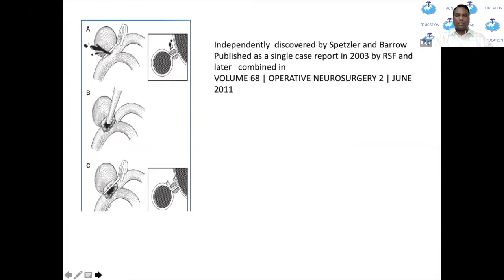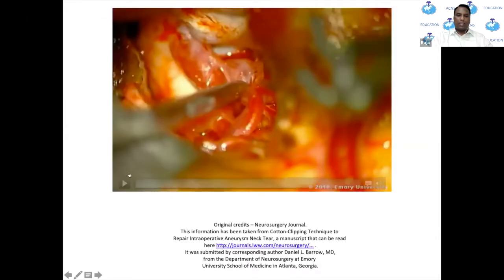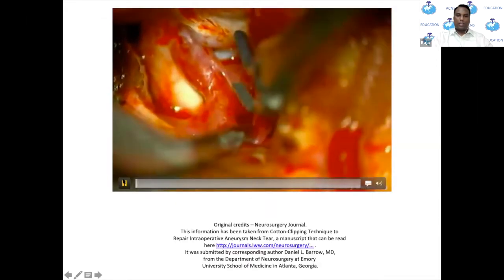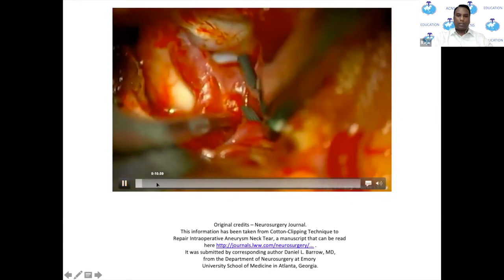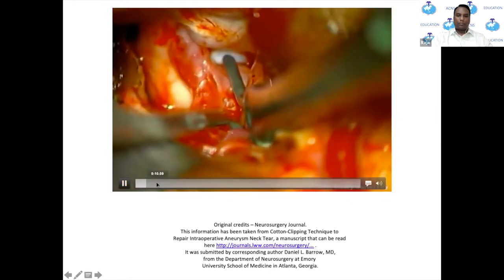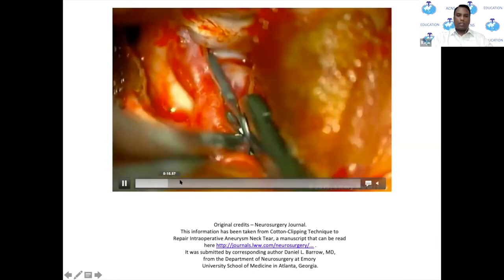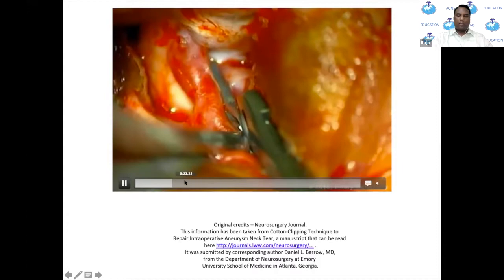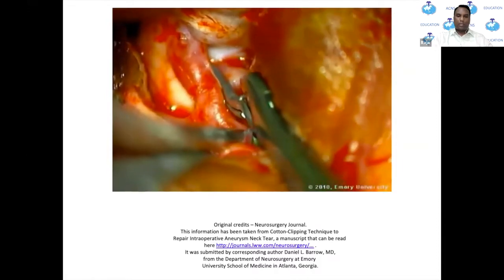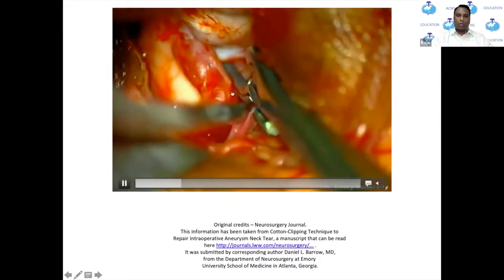Now, another technique which has been described is the cotton clipping technique by Professor Spetzler and Barrow from BNI, and this is a video from there. Now they have inserted a clip over the aneurysm, and you can see there is a small bleb here.